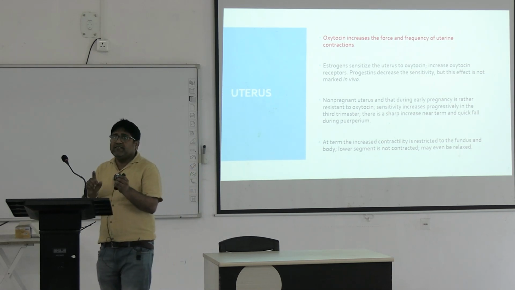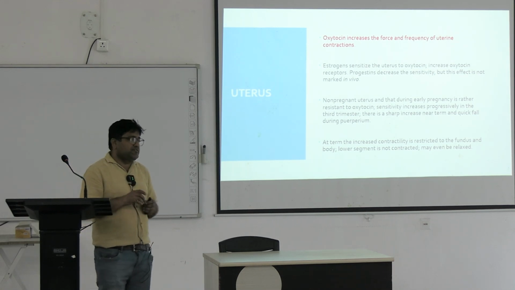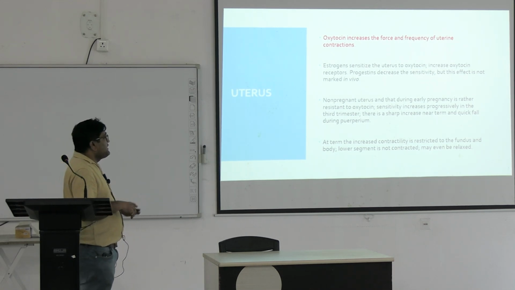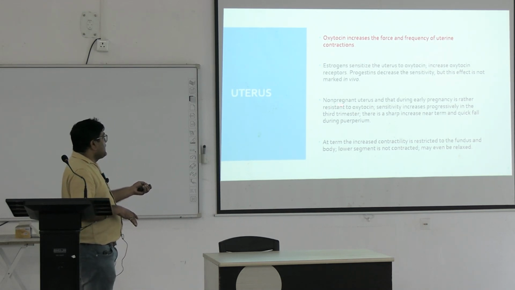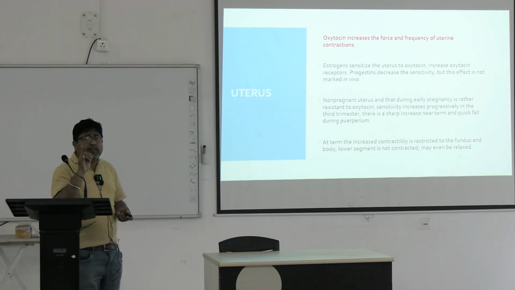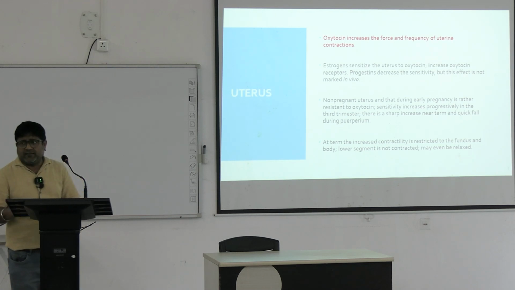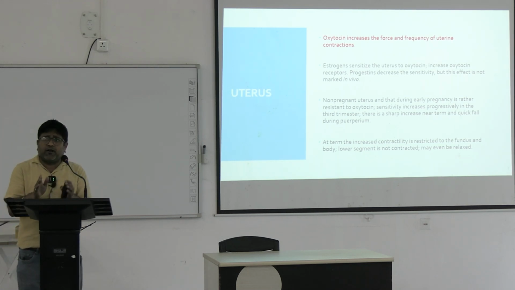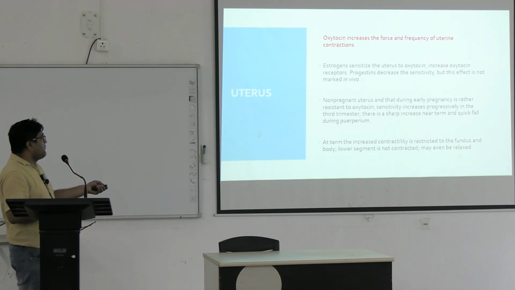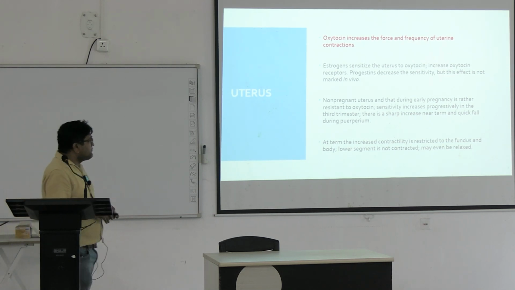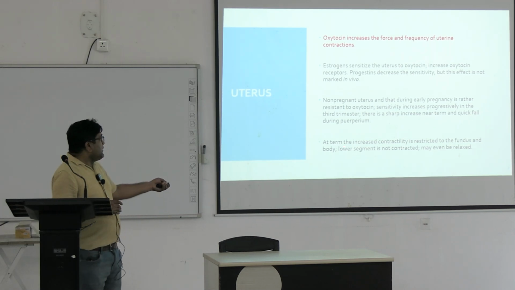Estrogen sensitizes the uterus to oxytocin and increases the oxytocin receptors in the uterus, while progestins decrease the sensitivity of the uterus to oxytocin. Oxytocin is less effective in the non-pregnant uterus and during early pregnancy, and more effective in the later part of pregnancy. During labor there is a sharp increase near term, and a quick fall of sensitivity to oxytocin during puerperium.